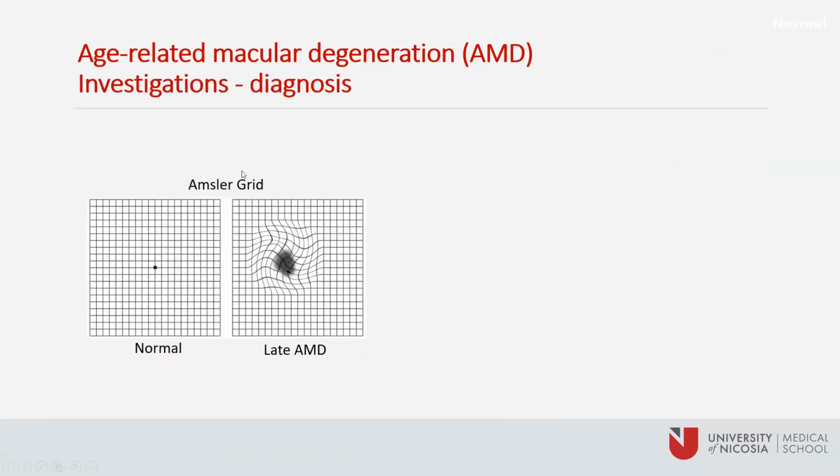In terms of the Amsler grid, this is what it looks like in a healthy, normal individual. You don't see any distortion of the grid. Whereas in a case of late AMD, you can see this type of distortion in the central vision, or you can see dark areas on the grid.